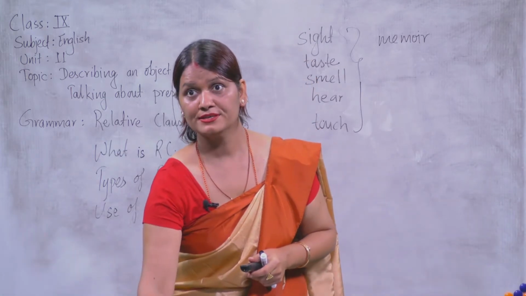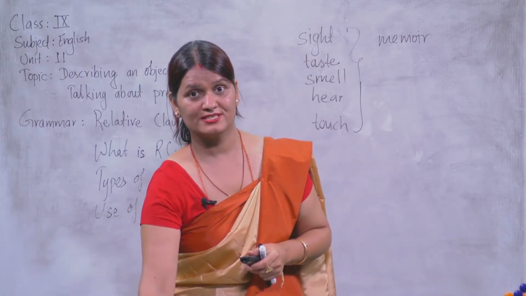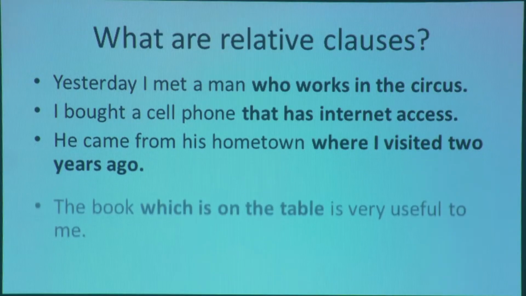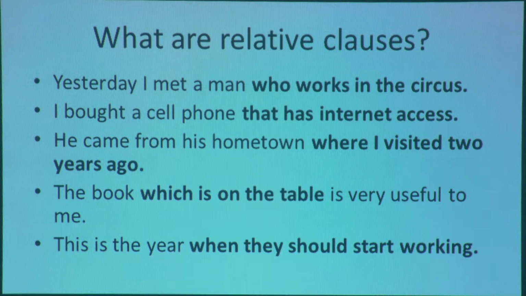So now, what are relative clauses then? Before saying what relative clauses are, let's see the examples. Yesterday I met a man who works in the circus. In this sentence, you can see who works in the circus is a relative clause.